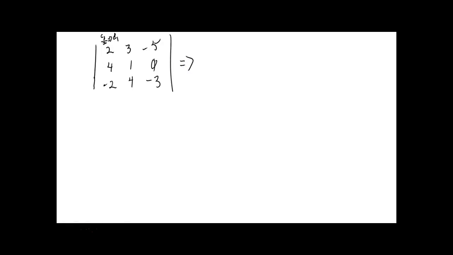Now you're multiplying by 1/2, so this is going to be 1/2 times the determinant of 1, 2, negative 1, 3, 1, 4, negative 5, 0, negative 3.